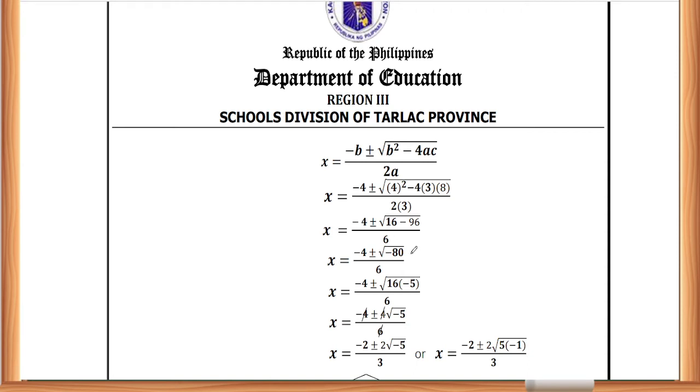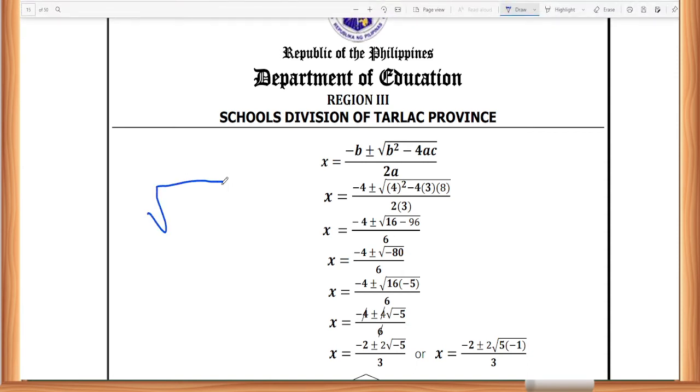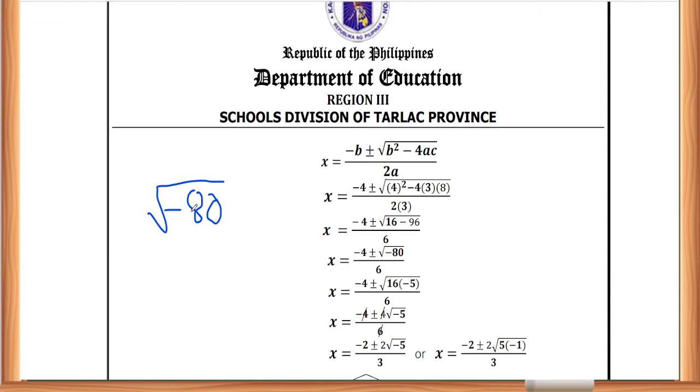Ngayon, yung square root of negative 80, okay, i-factor mo yung 80 in such a way na yung isa sa factor niya is a perfect square. So, we have 16 and 5. So, it's going to be negative 16 times 5. Okay?